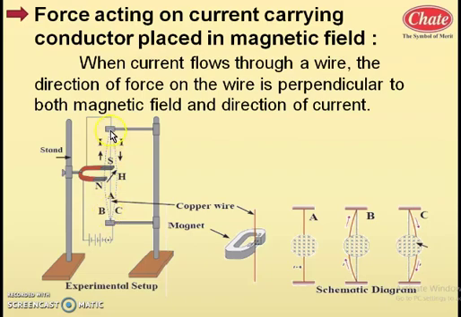This is a conductor which is fixed by this stand. The ends of the conductor are connected by connecting wires to a battery and key. So this is your simple circuit of conductor, battery, key, and that conductor is fixed to one stand.